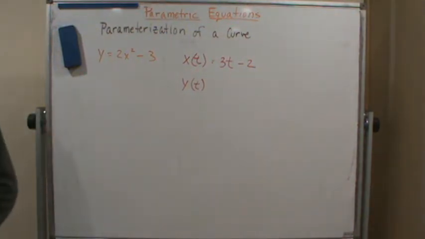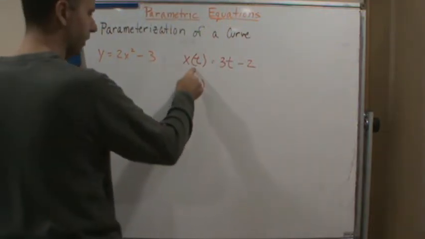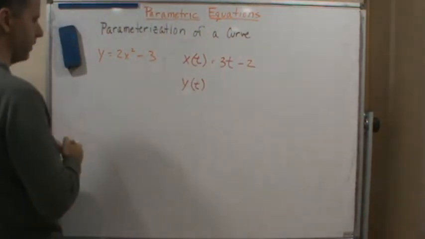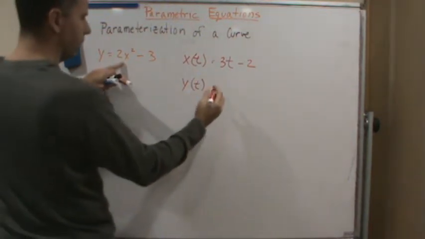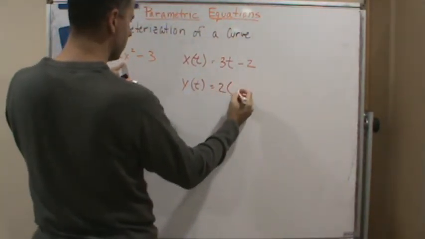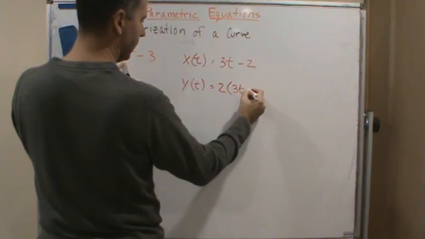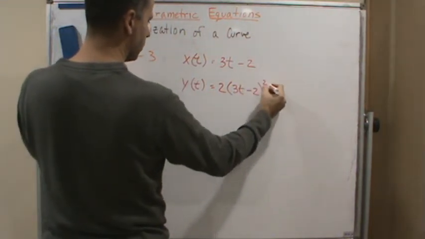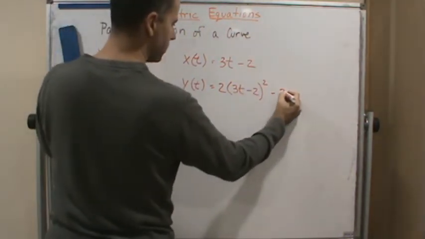It's another substitution, just like before. So y of t is going to equal 2 times the quantity 3t minus 2 squared, minus 3.